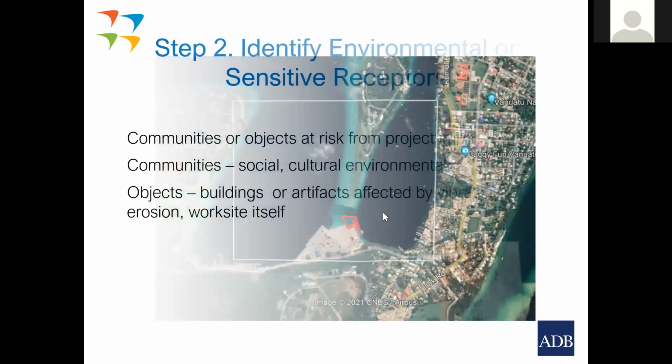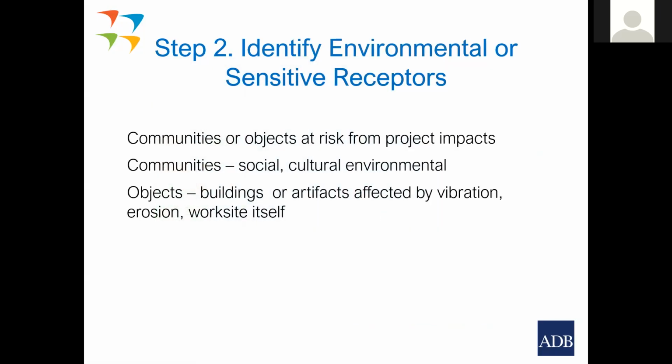So the second step is to identify environmental or sensitive receptors. What do we mean by that? Communities or objects that are at risk from impacts. They could include physical, biological, or social environments. For example, a social community receptor could be a school, health clinics, residential areas, churches, or special sites.